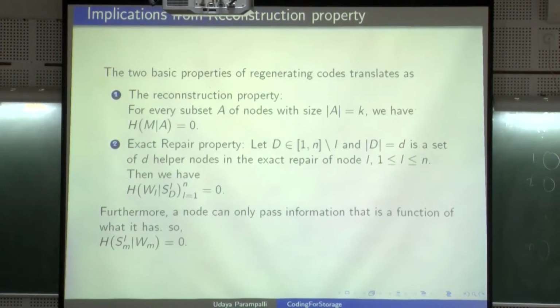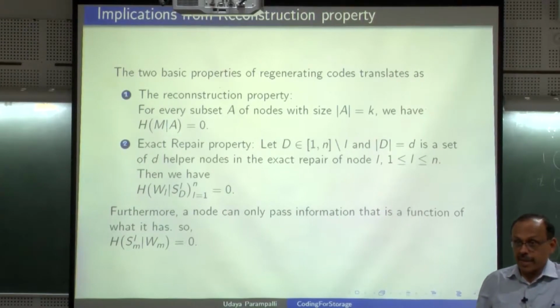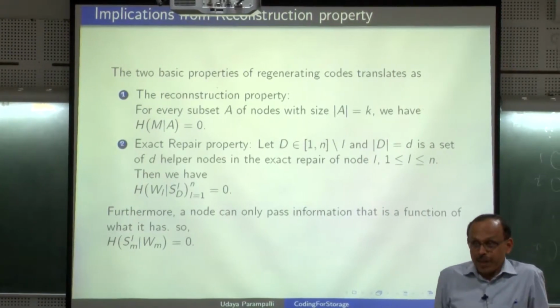Furthermore, there is another interesting thing. Any node can only pass information that it has. It cannot pass something different from what it has.